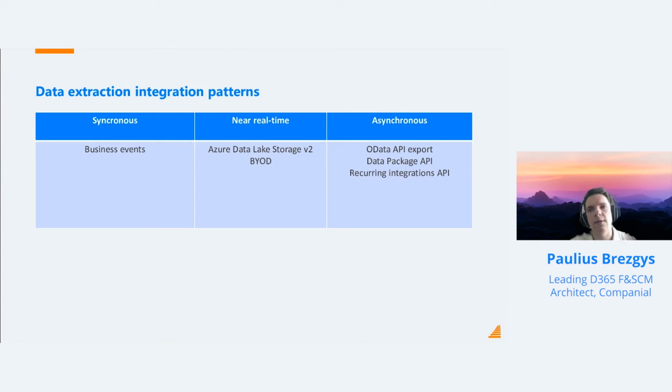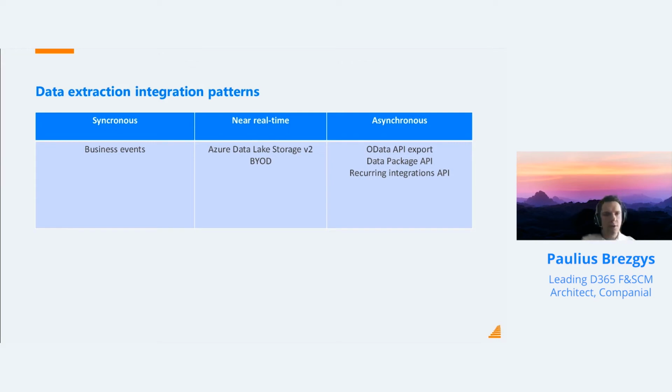Now, if you want to get the data out and you want a synchronous approach, then you're probably going to be using business events. Business events is the one and single synchronous technology that you need to get the data out into another system. So whenever something happens, Dynamics 365 fires a business event. That business event can carry some payload, and you get the data out in real time.